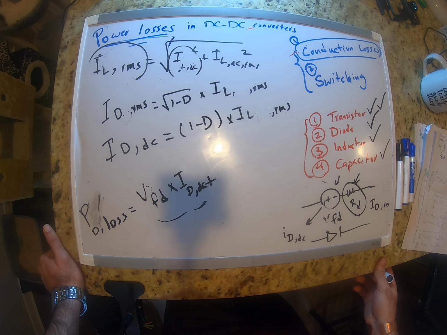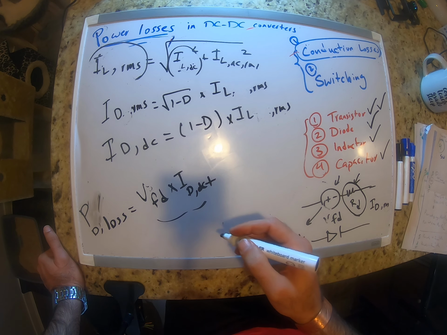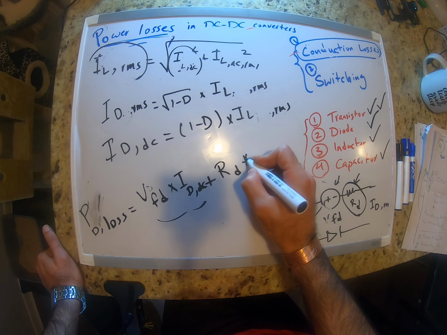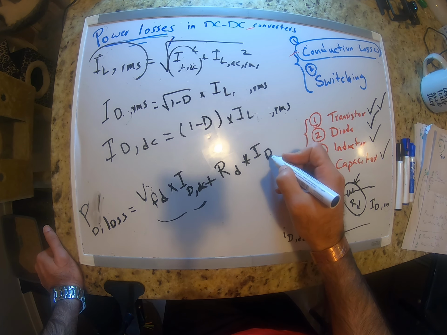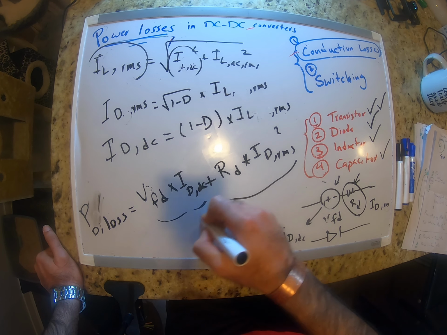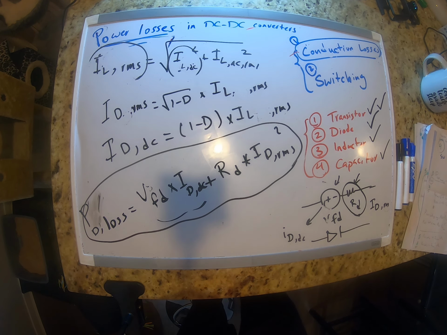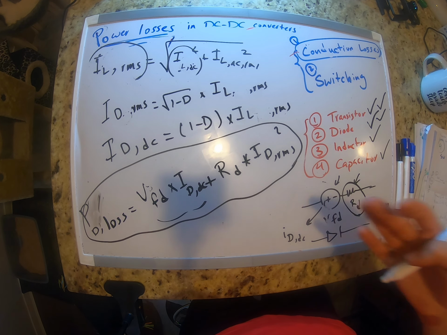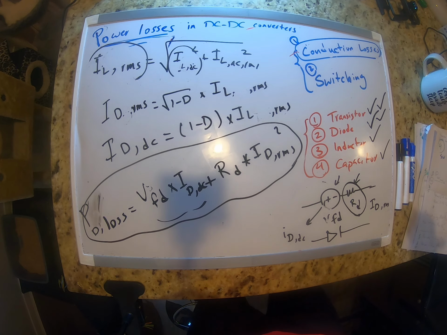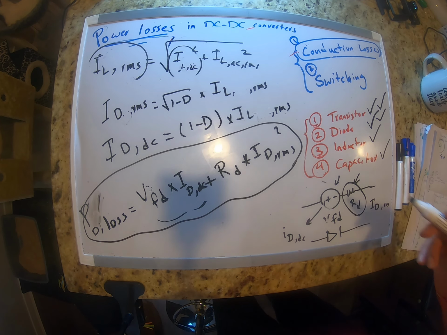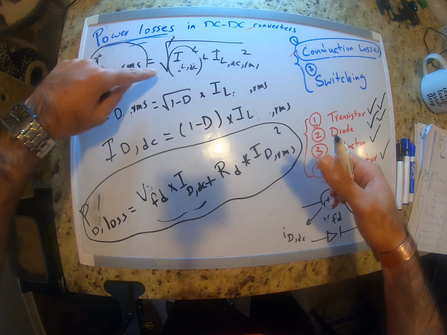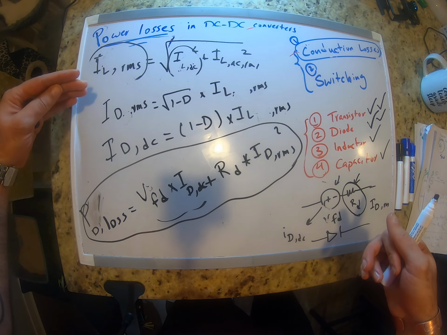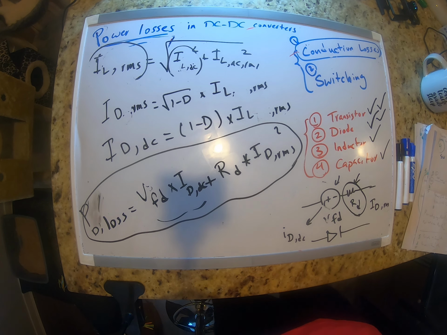So that's why we have the DC value here, plus this part, RD multiplied by ID RMS squared. So this is the conduction loss for the diode. Again, this is a general formula. It's valid for the buck converter or the boost converter. These values will be different, as I mentioned, for buck and boost, so everything is different, but the same formula.